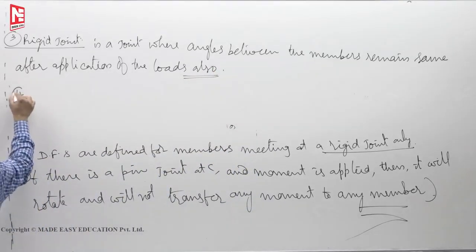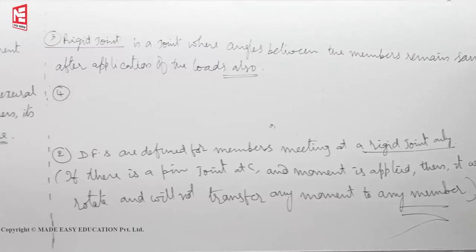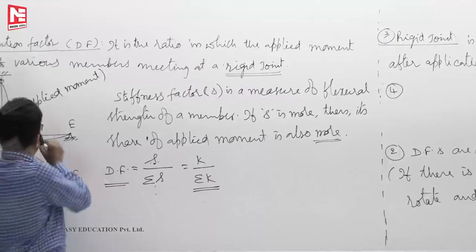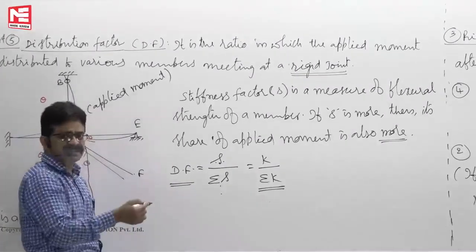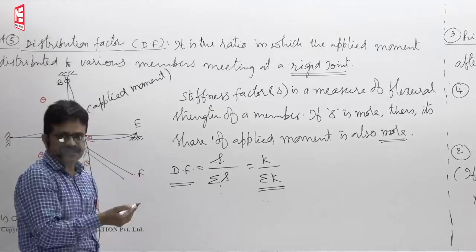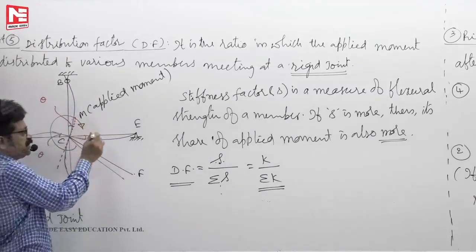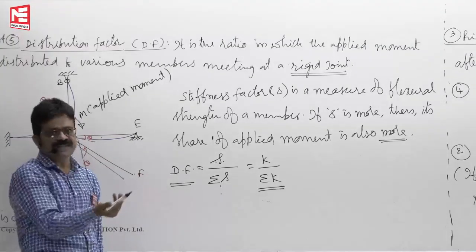Next, fourth point is sum of the distribution factors. Out of this, M, S by sigma S: first member S1 by sigma S, say 0.2, S2 by sigma S, say 0.3. Like that, if you write it, sigma S by sigma S you will get if you sum them. That means 1 you will get. 20%, 30%, 20%, 30%: what are the percentages of all that? 100%.